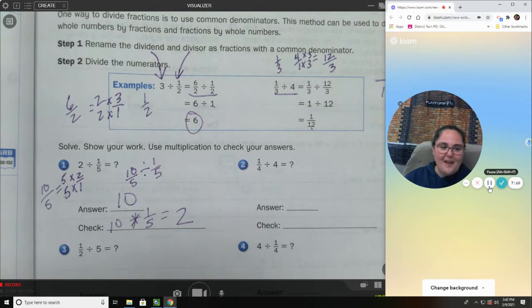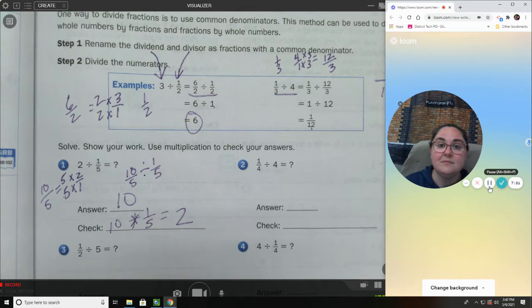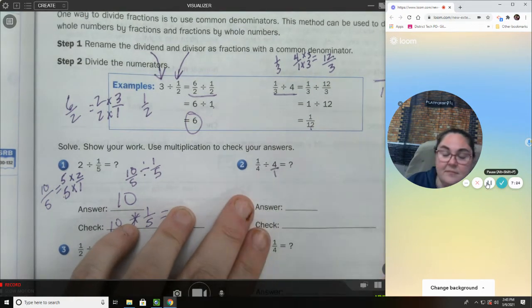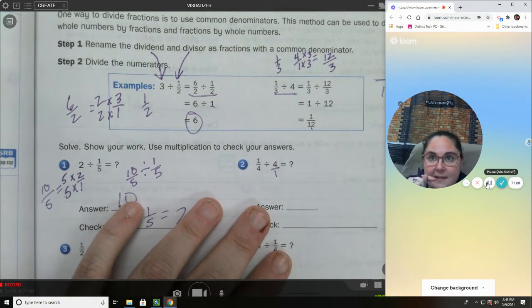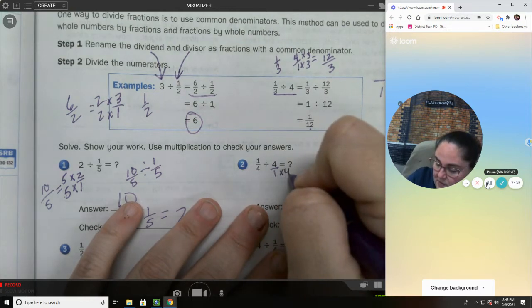Let's do number 2. I want you to start by rewriting number 2 as fractions with a common denominator. What fractions would I use for number 2? Well, 1/4 would stay the same. 4/1. I need to make 4 my common denominator, so multiply by 4.